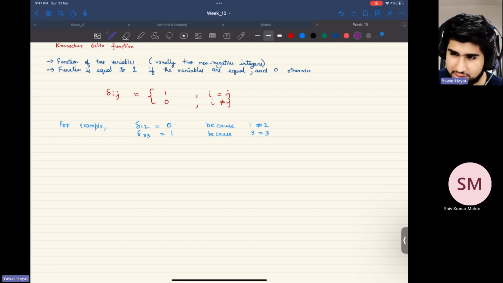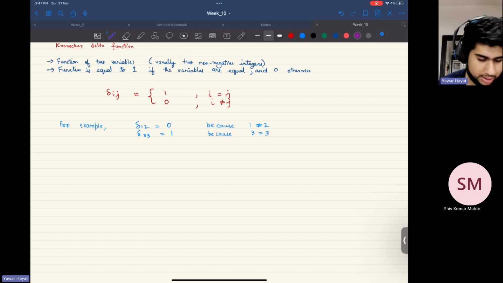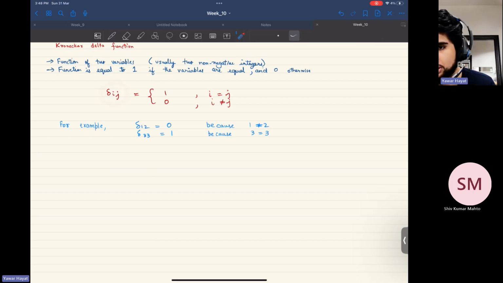This discrete time delta function, del of n, is actually a special case of this two-dimensional Kronecker delta function del ij, where one of the two indices is equal to 0.